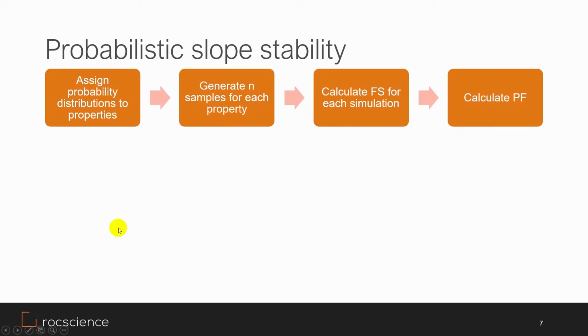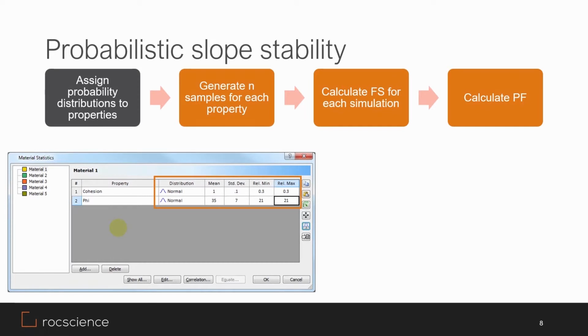So now we'll go over the steps involved in setting up a probabilistic analysis in Slide2. The first step is defining distributions for our parameters. That's done in the material statistics dialog in Slide2. Here we can define the distribution type, such as normal, and the associated parameters such as mean and standard deviation and the bounds.